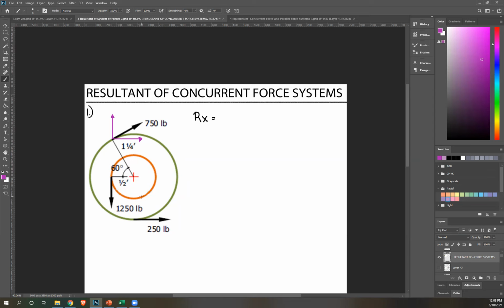And recall, alternating interior angles are equal. Now looking at the figure, these are also alternating interior angles. If this is 60, therefore, this is also 60. Take note, this is 60 degrees.